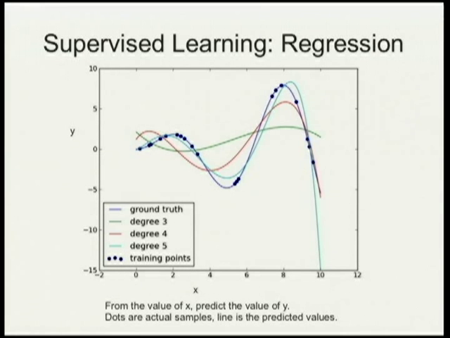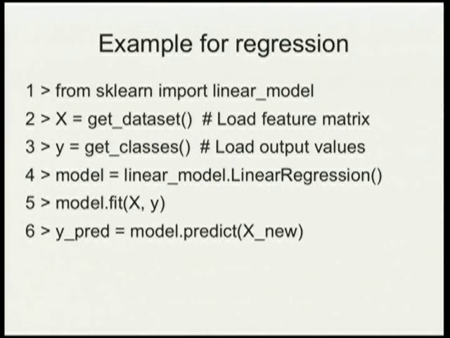Pretty much we can just have a look at how different models do. In this figure we have different dots, which are our ground truth. This is what we knew beforehand, and our lines are trying to fit a model to that ground truth to try and predict new values. This is a tricky problem in many cases.